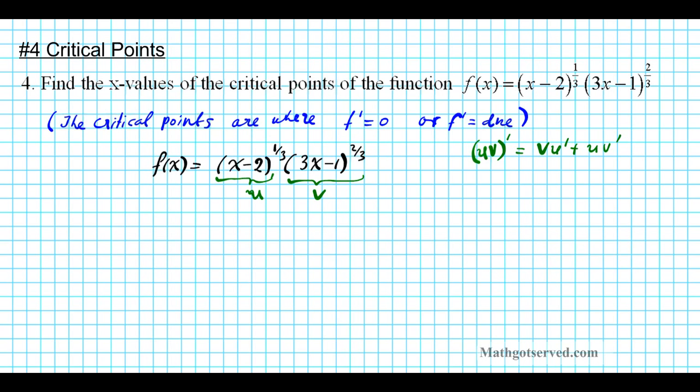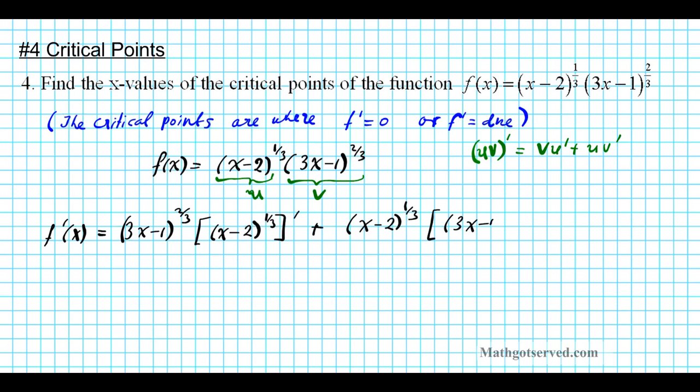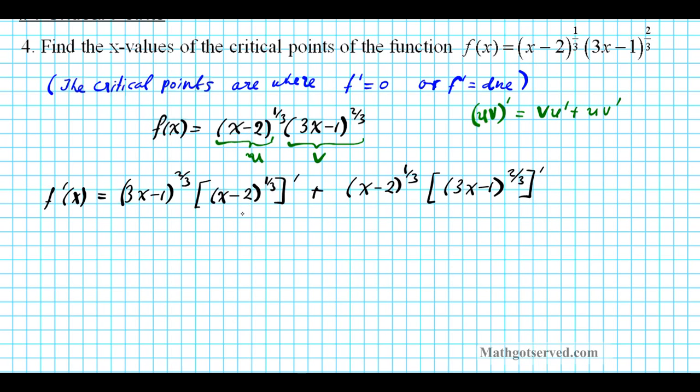Okay, so let's go ahead and set this up. f prime of x is going to be v, which is (3x minus 1) to the 2/3, times u prime, (x minus 2) to the 1/3 prime, so this is v u prime, plus u, which is (x minus 2) to the 1/3, times v prime, which is (3x minus 1) to the 2/3 prime. All right, let's go ahead and find u prime and v prime and insert them back into this equation.